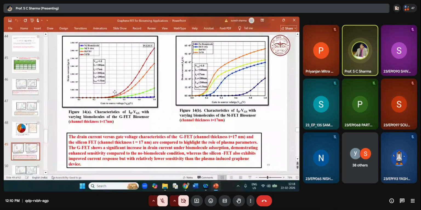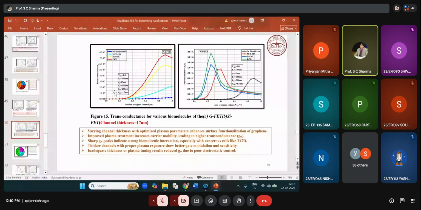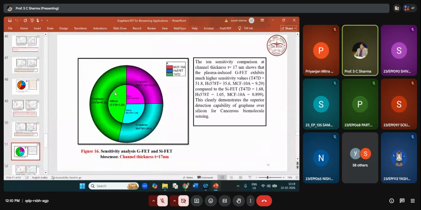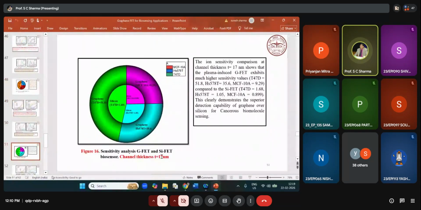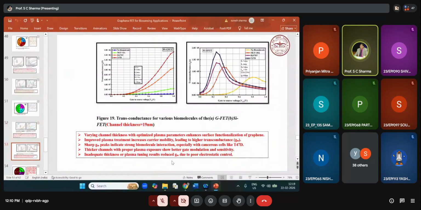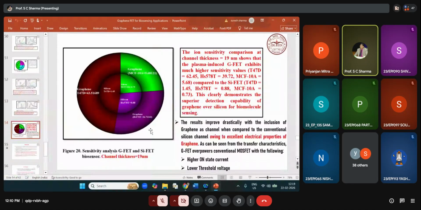Then drain current is a function of gate to source voltage, and transconductance is a function of position along the channel. Then we have taken channel thickness 17 nanometer. Earlier we took channel thickness 15 nanometer, here 17 nanometer, then we have taken 19 nanometer. Okay, and we have studied the sensitivity for these three.